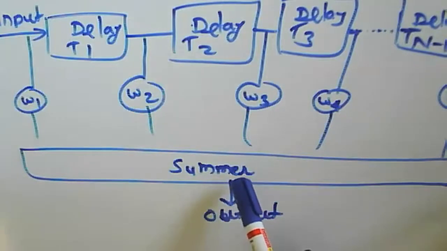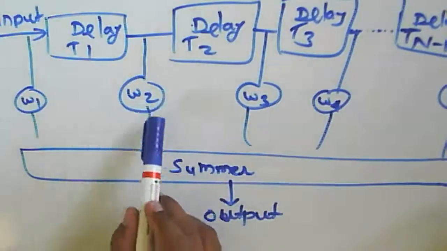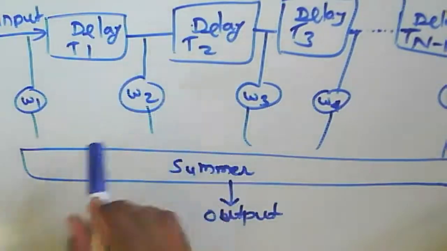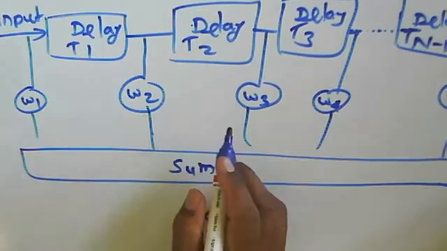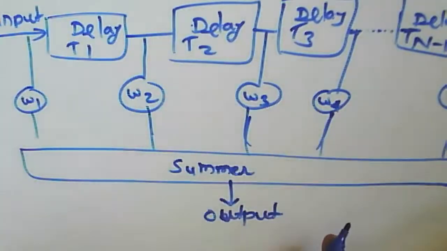This is nothing but a transversal filter with feed forward lines. It has taps, and it has particular weights there. So we can use different filters at different filter frequency ranges. Earlier we said sine square of pi f Tp.